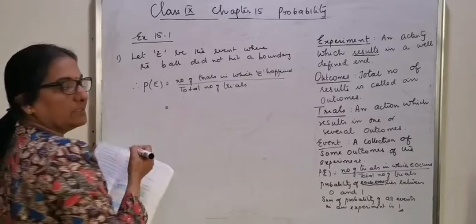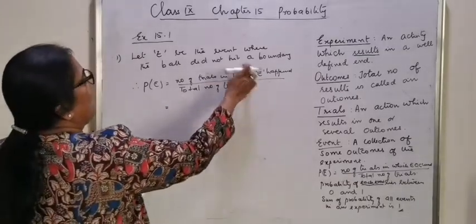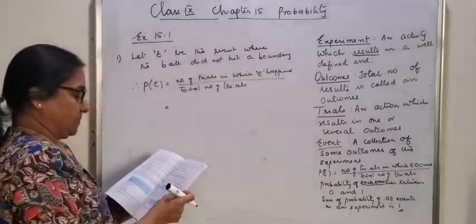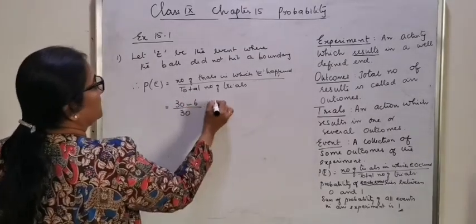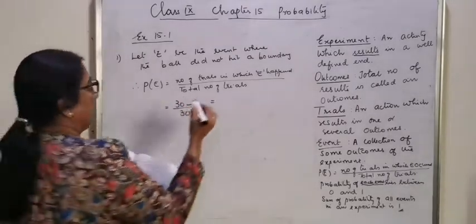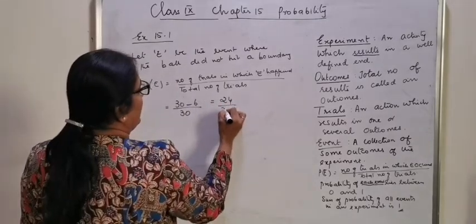The number of trials in which E happened, did not hit a boundary, as we explained, is 30 minus 6, divided by the total number of trials, 30. It is 24 by 30.